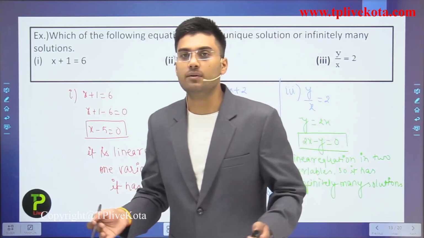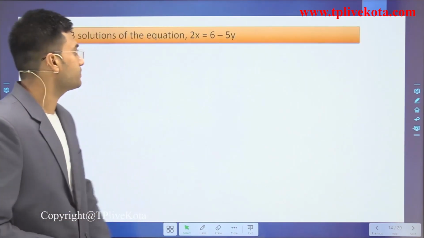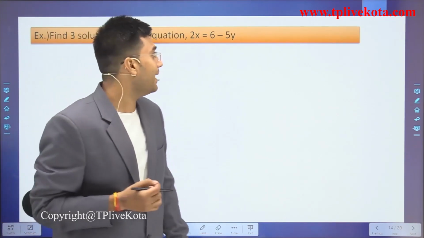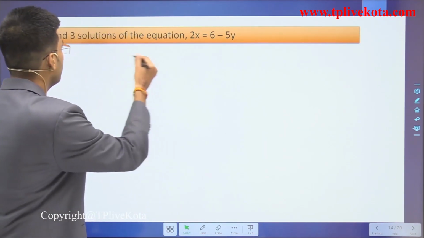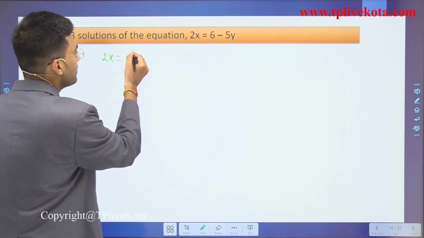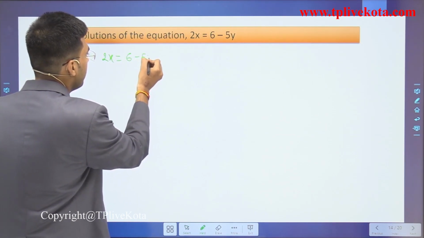So after this example, let's move to the next example, and the next example is: find three solutions of the equation 2x is equal to 6 minus 5y. We have to find three solutions of 2x is equal to 6 minus 5y.